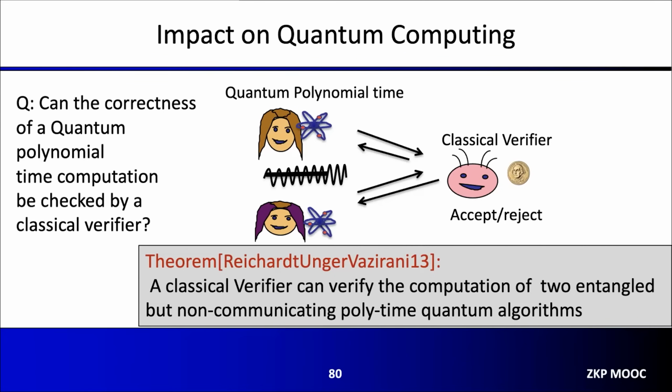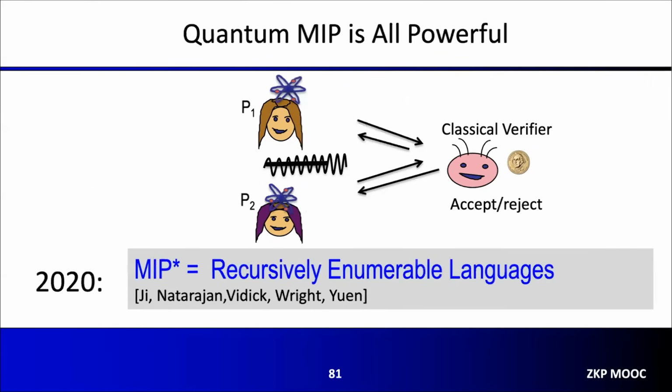And what they showed is a way to take essentially a claimed efficient quantum computation, 2 copies of it, likening the 2 provers, make them sit in separate rooms, but be entangled, and show how you could convince a classical verifier of the correctness of the computation by choosing coins and by using entanglement.